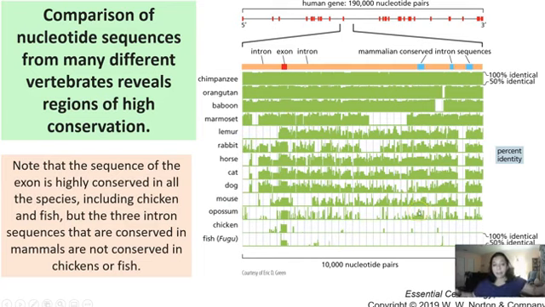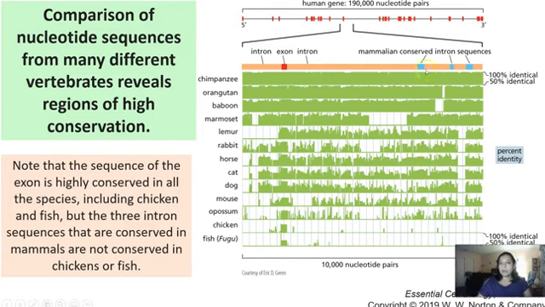A lot more mutations have happened, and obviously the more loosely that organism is related to us, the further back in the evolutionary tree that organism is, the less identity you find in that region. But still, the actual exon for that particular protein product is conserved all across the species a lot better and to a high degree.